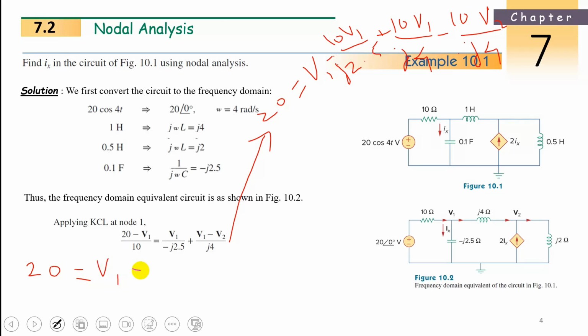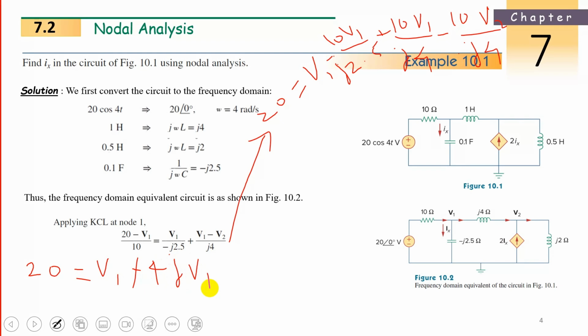That is V1 minus 10 divided by 2.5, which is 4. If you take j upside, it becomes plus 4j V1.